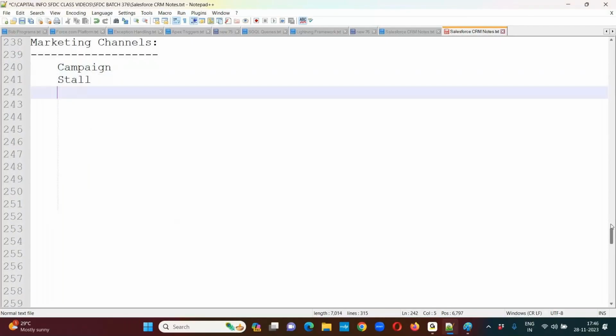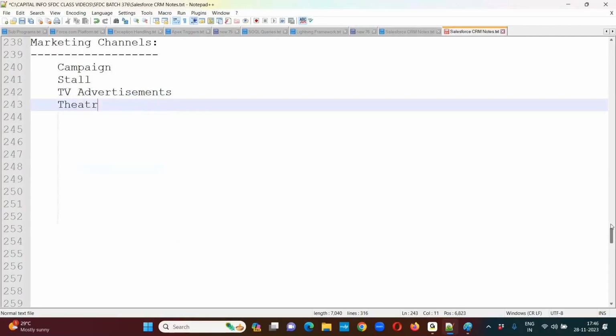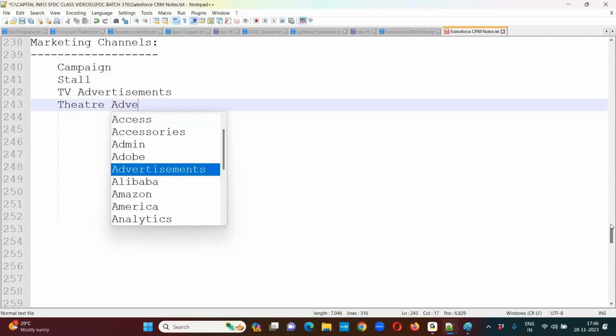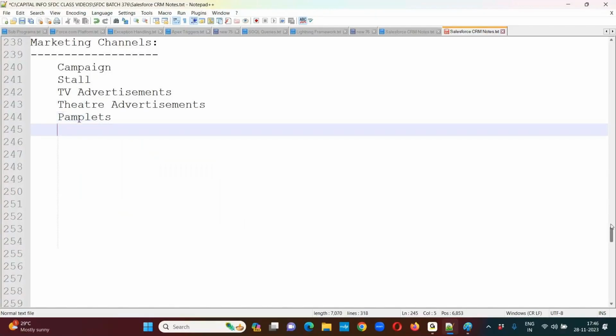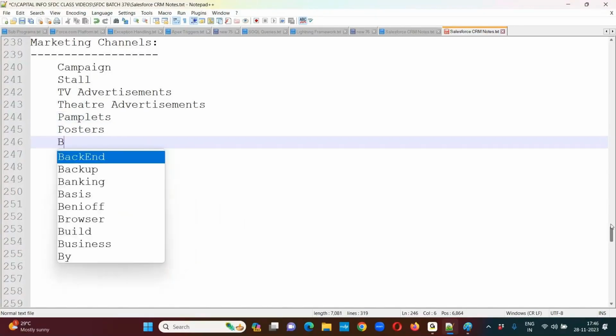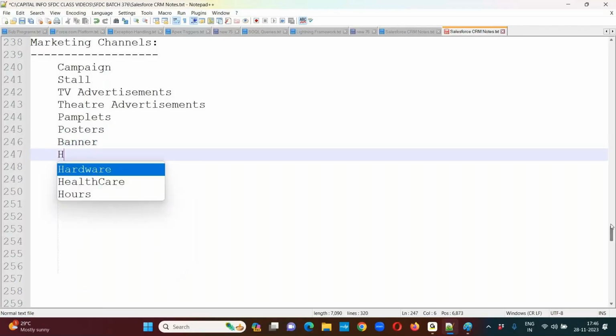We can conduct a stall. We can go with TV advertisements. We can go with theater advertisements. We can go with pamphlets, posters, banners, and hoardings.